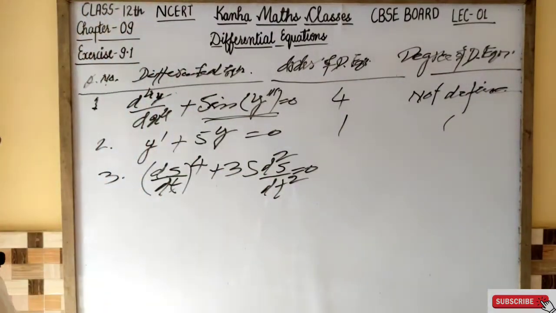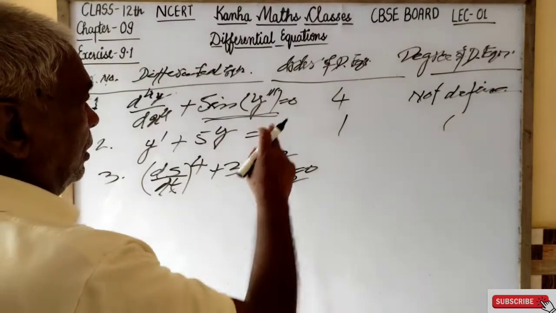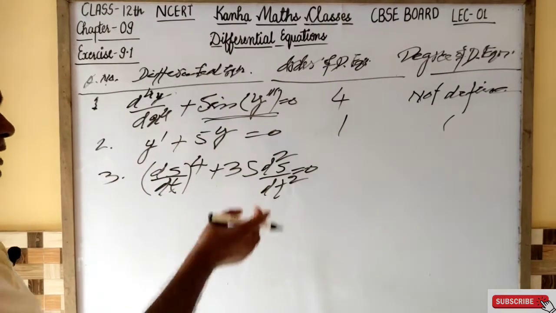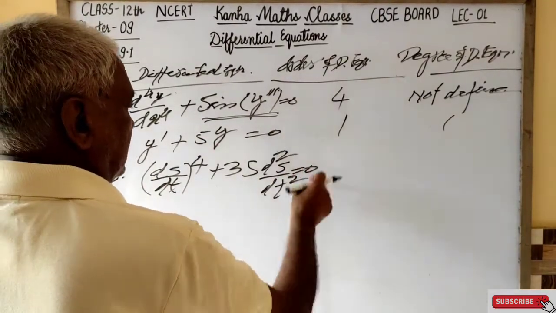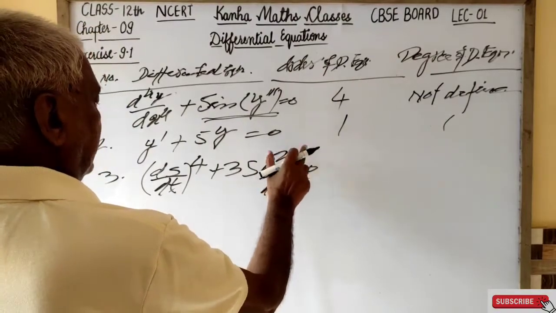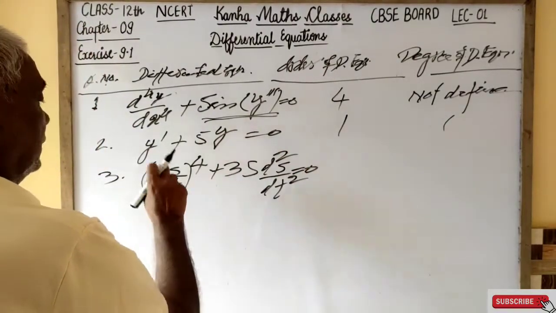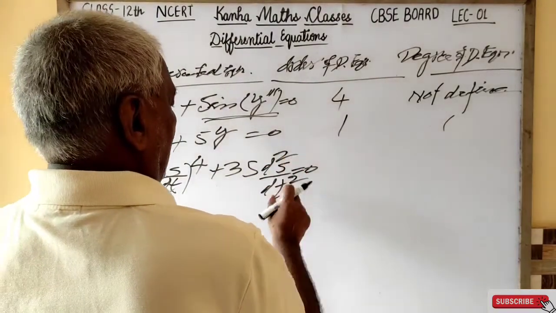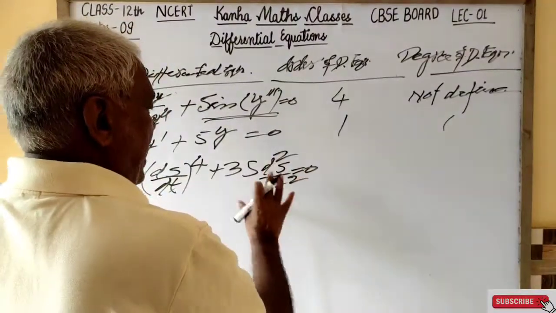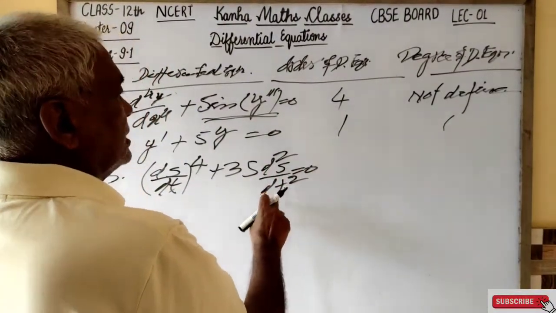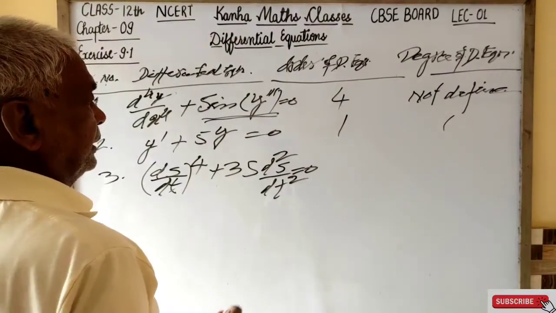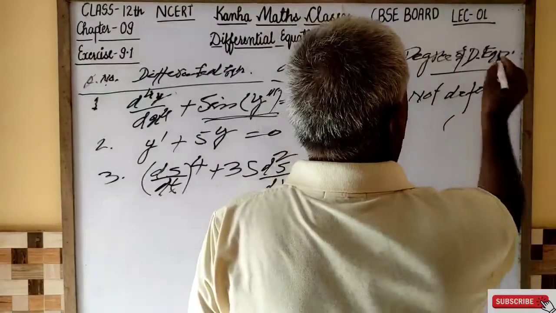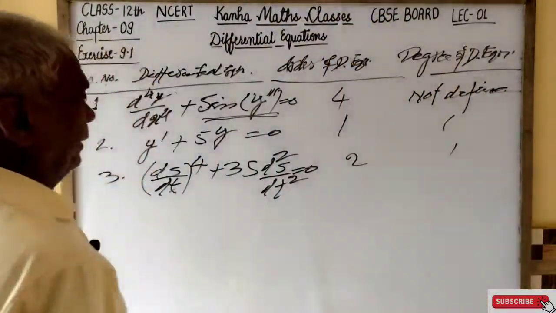If you want to know the order of this differential equation, you must observe that this is the second derivative, this is the first derivative, and this is the second derivative. The order of the highest derivative, that is the order of the differential equation, is 2, and the power of this is equal to 1, so hence the degree of the differential equation will be 1.